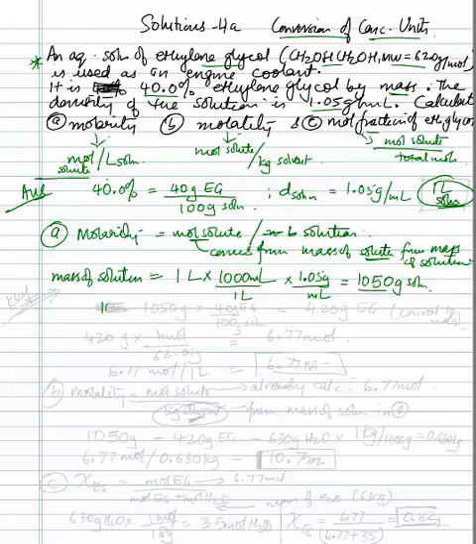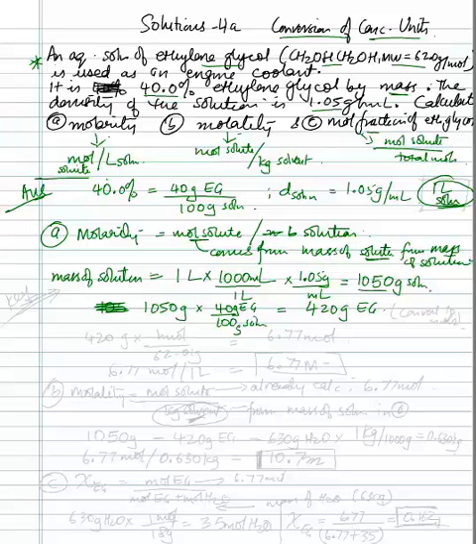So 1050 grams of solution times the 40% of ethylene glycol, grams per grams of solution, is going to give us the mass of ethylene glycol, which is 420 grams of ethylene glycol, and this is of course in the 1 liter of solution.